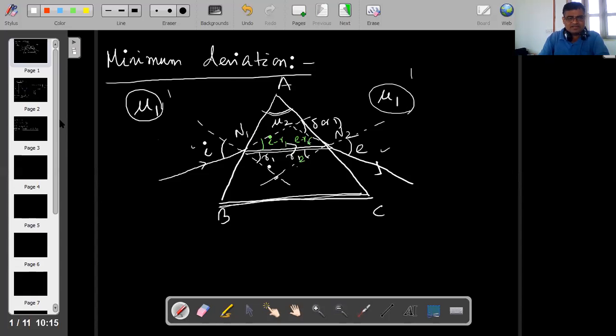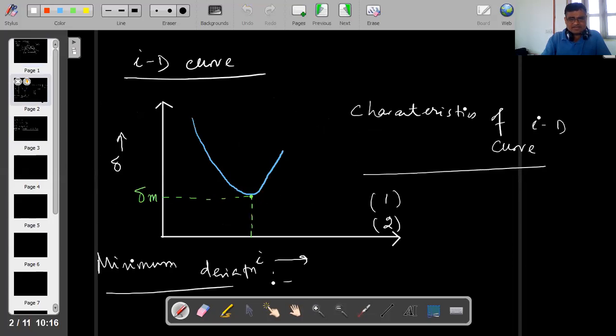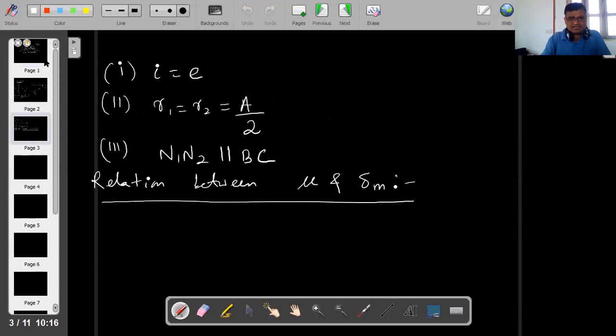Write down. Applying Snell's law for the refraction of light through face AB, what will we get?